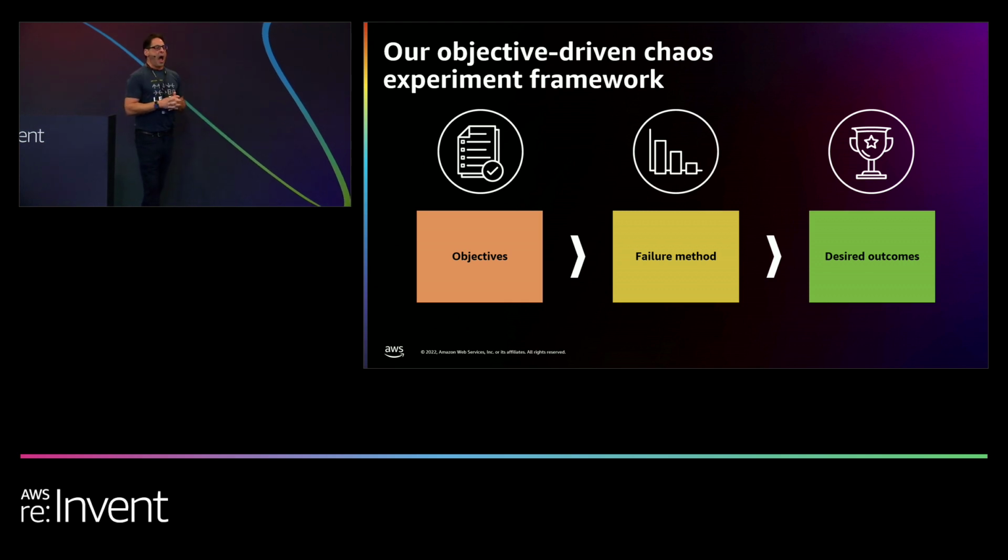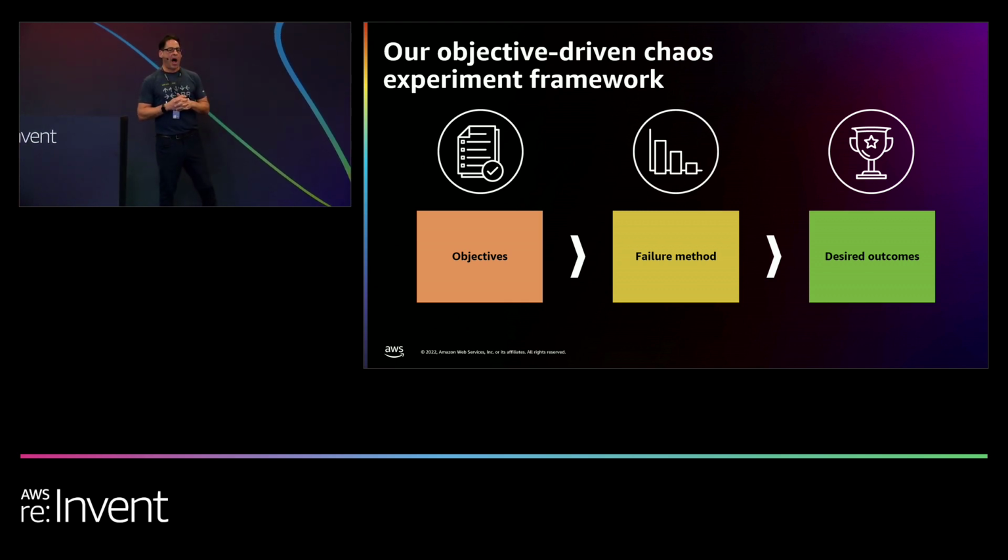How do I configure my alerts so that when there's network latency, but it's only in one AZ, I don't necessarily have to fail over between regions? I can just add capacity in those AZs that are healthy. And so we have tests that specifically look for those capabilities within our applications.